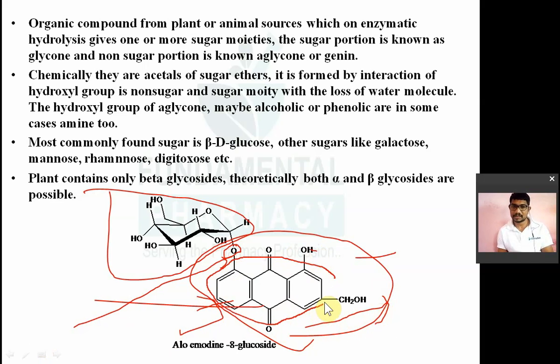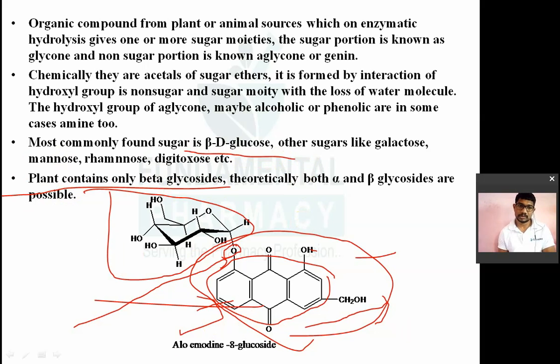For example, in this example the ring is anthraquinone, so it is an example of an anthraquinone glycoside. Remember, the most common sugar found in glycosides is beta D glucose, and plants contain only beta glycosides.